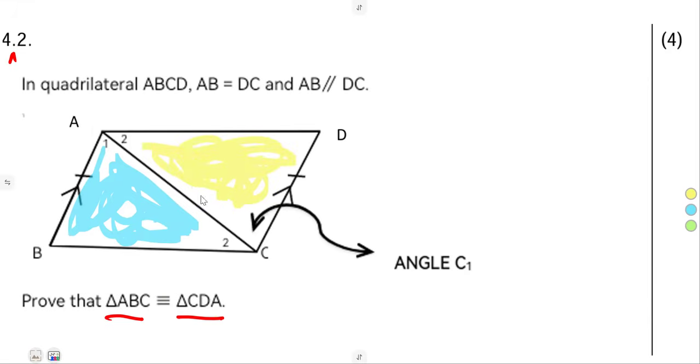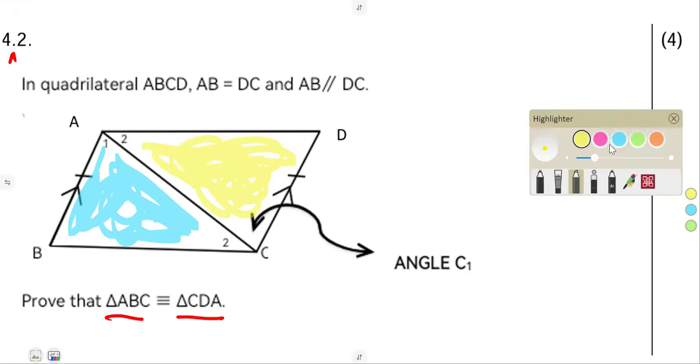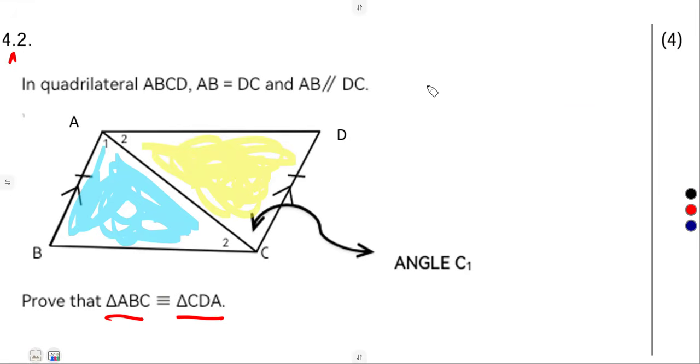Is there anything that we can use? From triangle ABC compared to triangle CDA, we can see that there is a common side, AC, which is the same side.